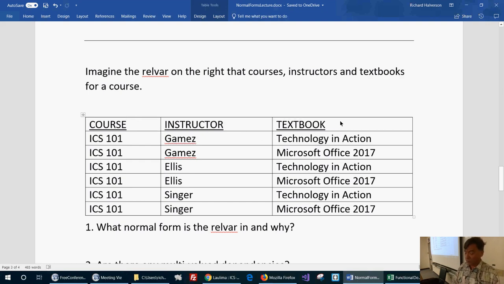Instructor plus textbook cannot be just the primary key. Course and textbook can't be the primary key. You need all 3 of them there at once. So this is in BCNF. There's no relationship between any of these.